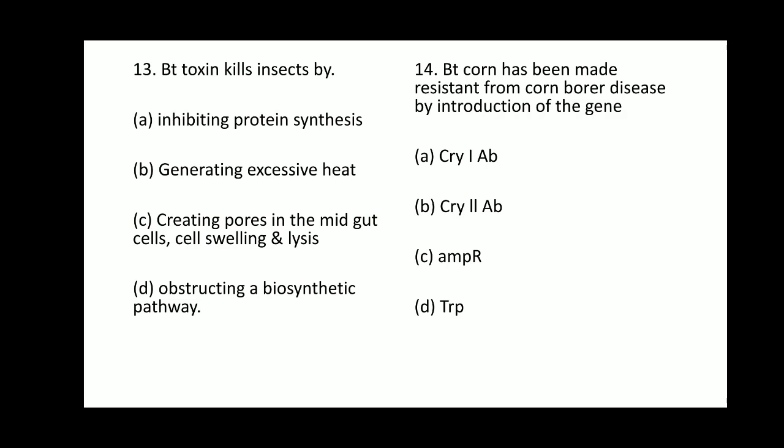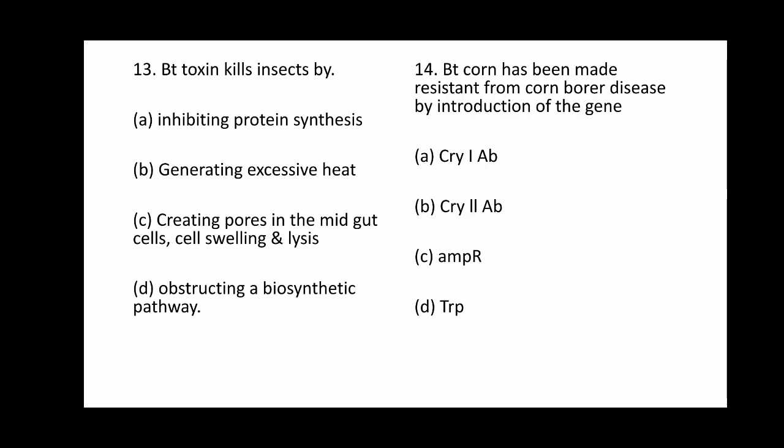Bt toxin kills insects by which mechanism? Is it going to inhibit protein synthesis? No, protein synthesis inhibition takes place in RNA interference. Then is it going to generate excessive heat? No. Option C, creating pores in the midgut cells? Yes.